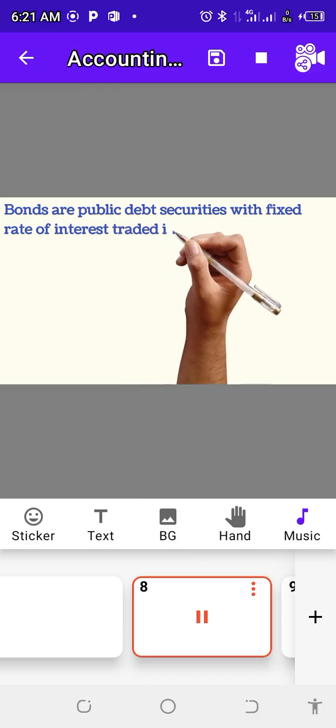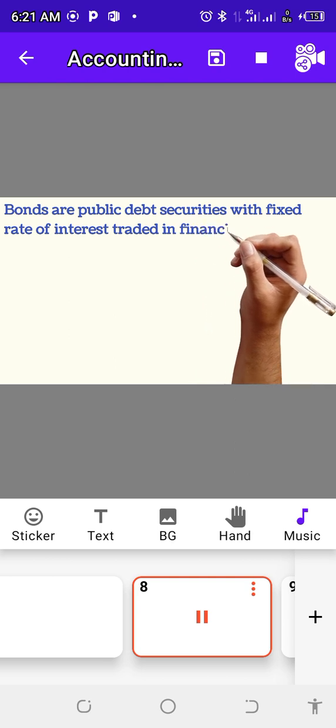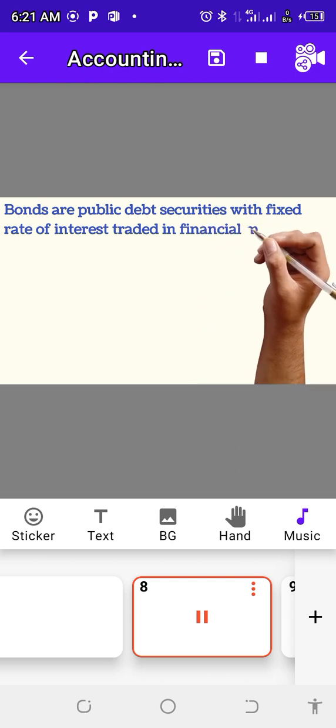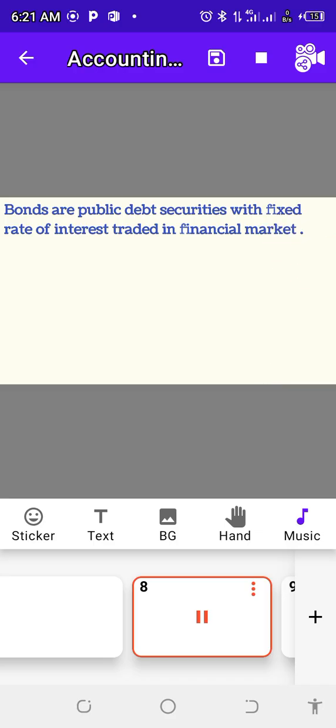They are traded in financial markets. Bonds are public debt securities with a fixed rate of interest traded in financial markets.